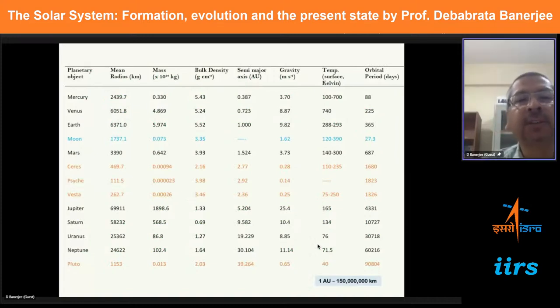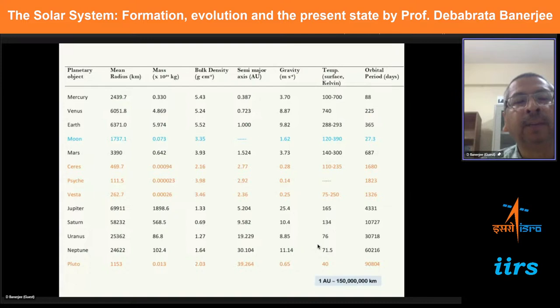So here I'm showing certain physical properties of the objects in the solar system. You can see that I have given different colors to the planets and the dwarf planets. So you have the inner planets, Mercury, Venus, Earth, and Mars.